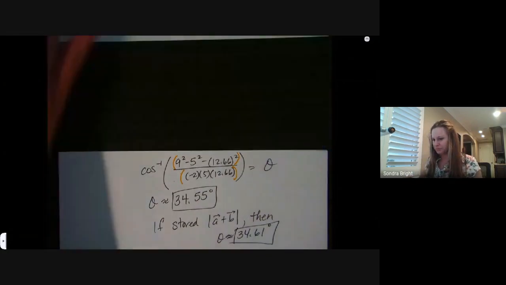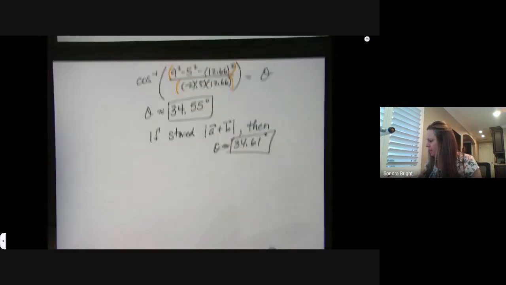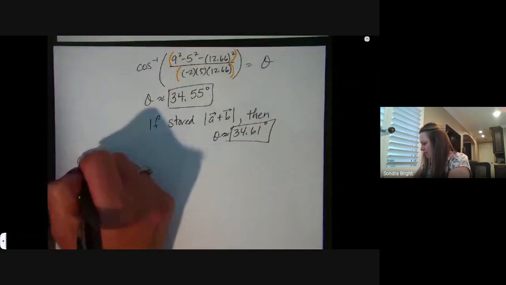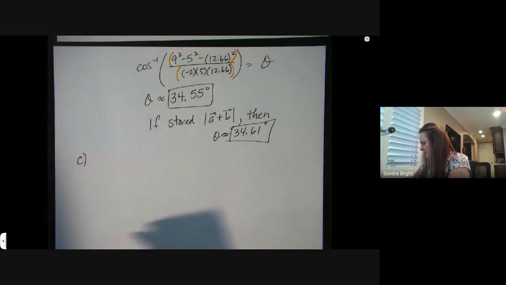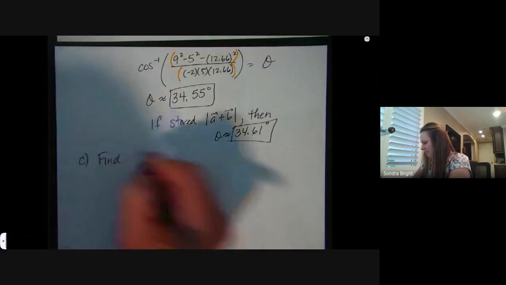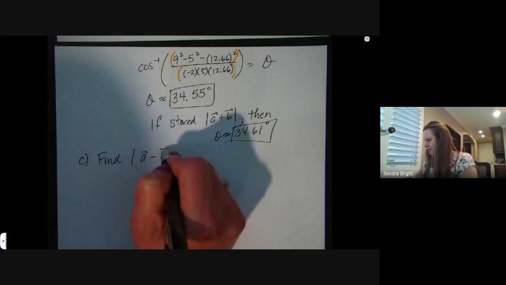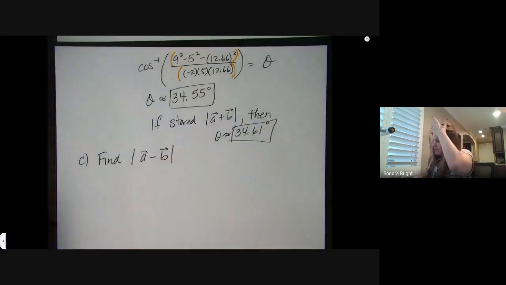So, all right, now part C wants you to, with the same information, find the magnitude of A minus B. All right, so let's draw it out first. My B is what I had done for the horizontal.